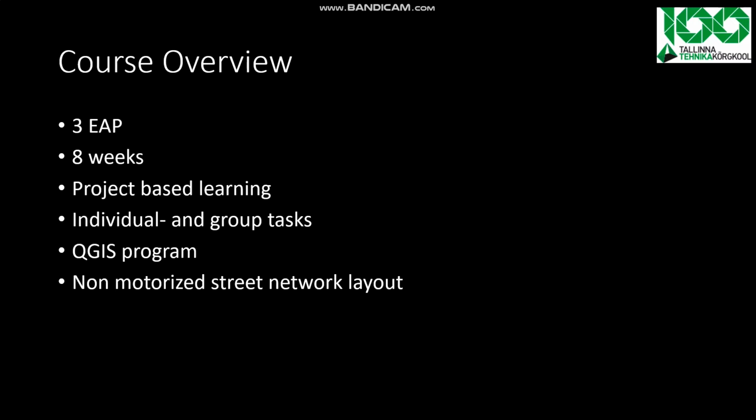We are going to use one specific GIS program, QGIS, and after we manipulate the data, we are going to propose a non-motorized street network layout.